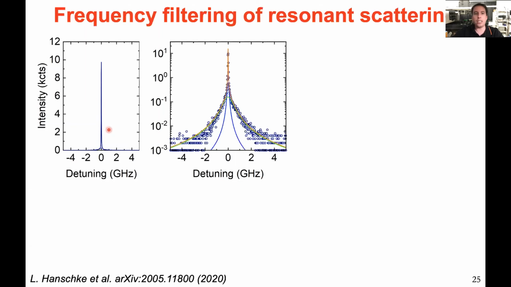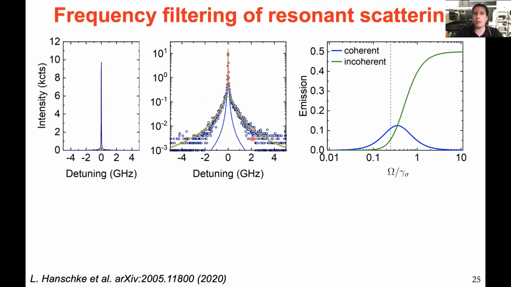However, the story is a bit more complicated, because if you plot this peak in a log plot, you can see that in addition to the coherent scattering of the laser, there is still some incoherent emission from the two-level system with a width of the spontaneous emission rate, so the Fourier transform of the lifetime.